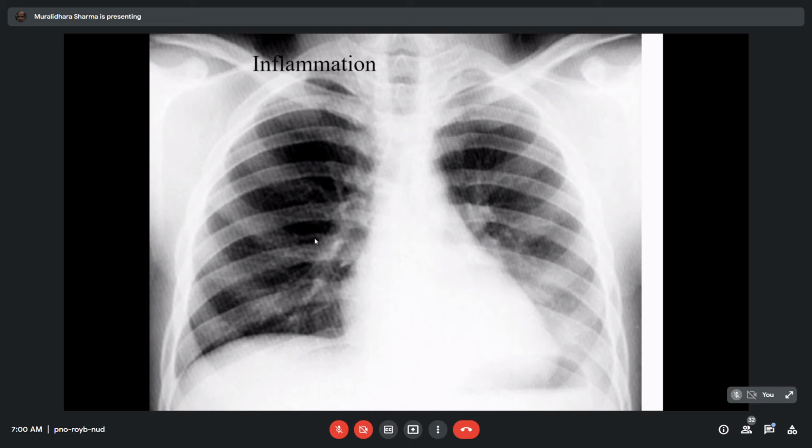Now, this kind of situation seen in the X-ray would be, whenever the bronchi are inflamed, the thickness of the bronchovascular markings becomes more. It becomes slightly thickened, like what you see in this X-ray. The vascular markings seem to be slightly increased. Now, when you look at these alveolar structures in the windows of the ribs, we have discussed that. You can see that there are some whitish dot-like structures, particularly seen in the right lower lobe.